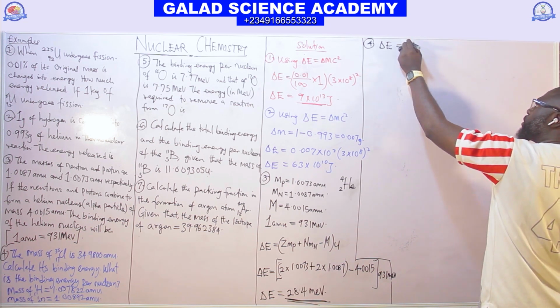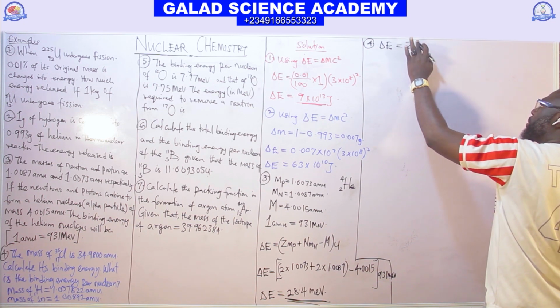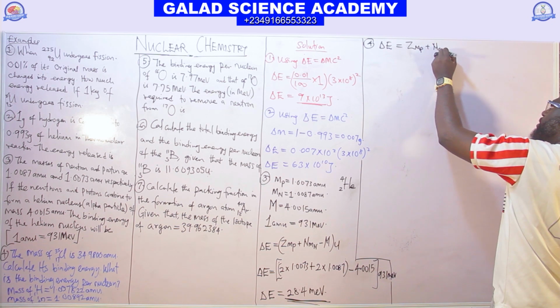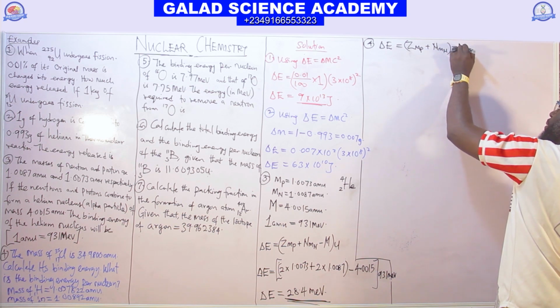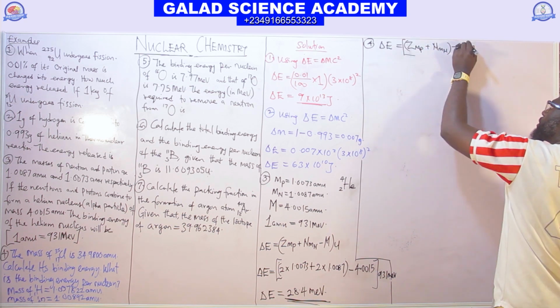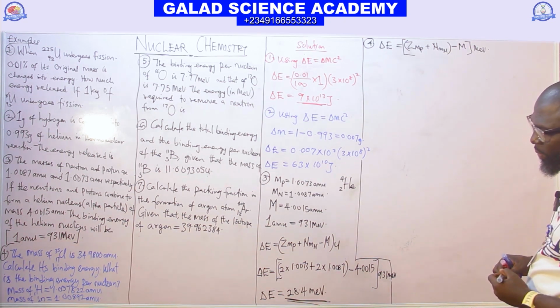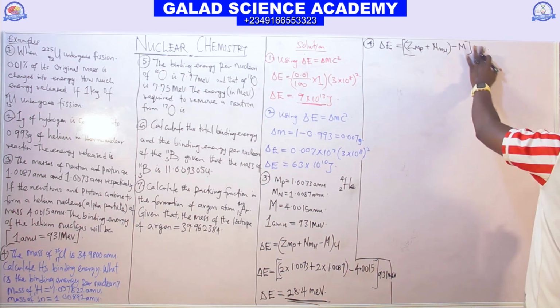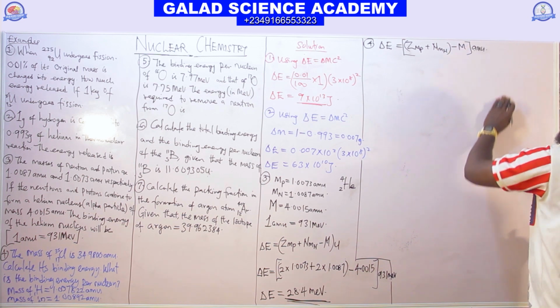Z, the number of protons, times the mass of proton, plus N times the mass of neutron. Everything we have there minus M, into MeV or unified mass.